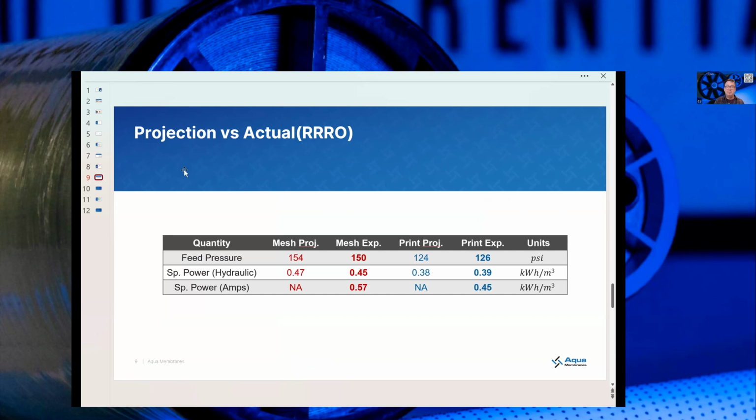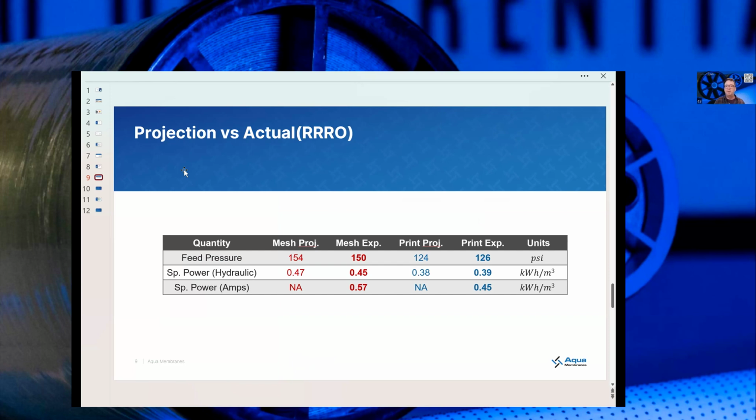That was all in modeling form. We can also look at how the actual system startup performed to get a sense of the accuracy of the projections. Both the mesh and the printed were modeled on the same platform. We do have the ability to look at a lot of different types of membrane element constructions and membrane flat sheets with these comparisons.